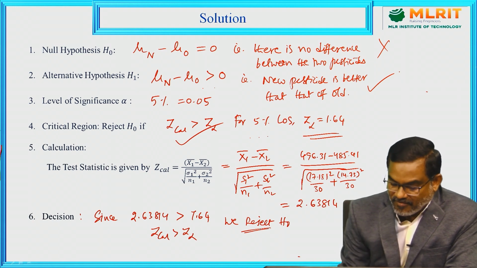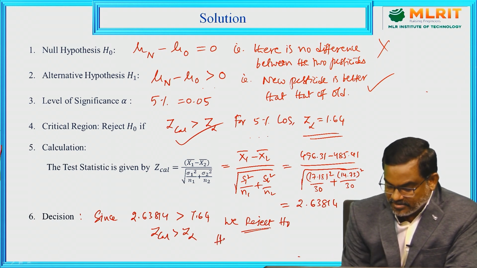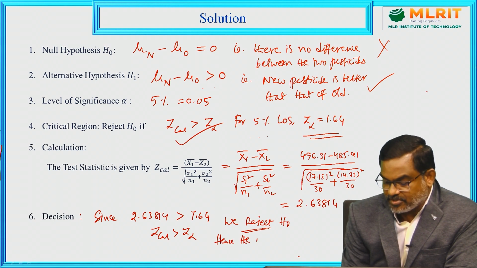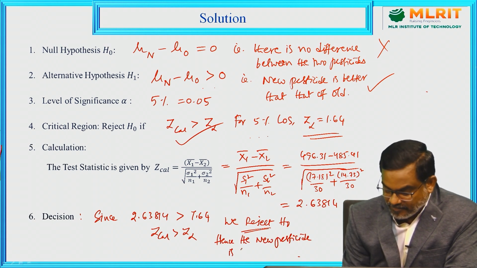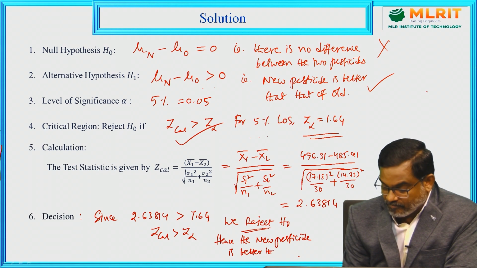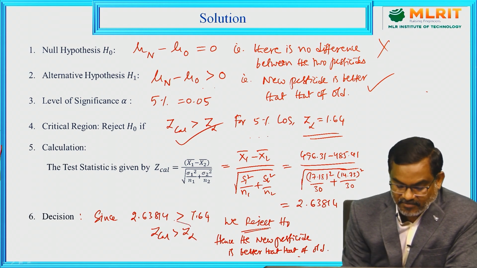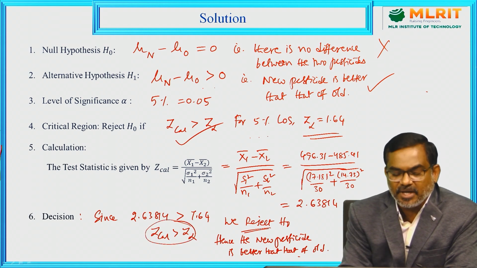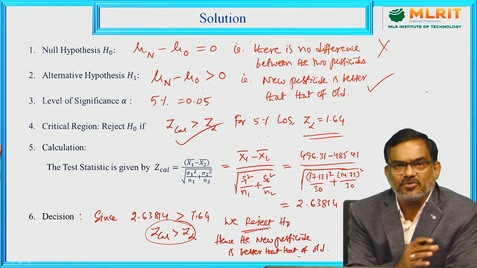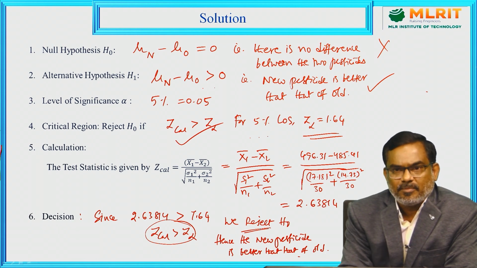So, our final conclusion is, hence, the new pesticide is better than that of old. Since the calculated value is greater than the tabular value, simply we reject the null hypothesis that there is no difference between the two pesticides.